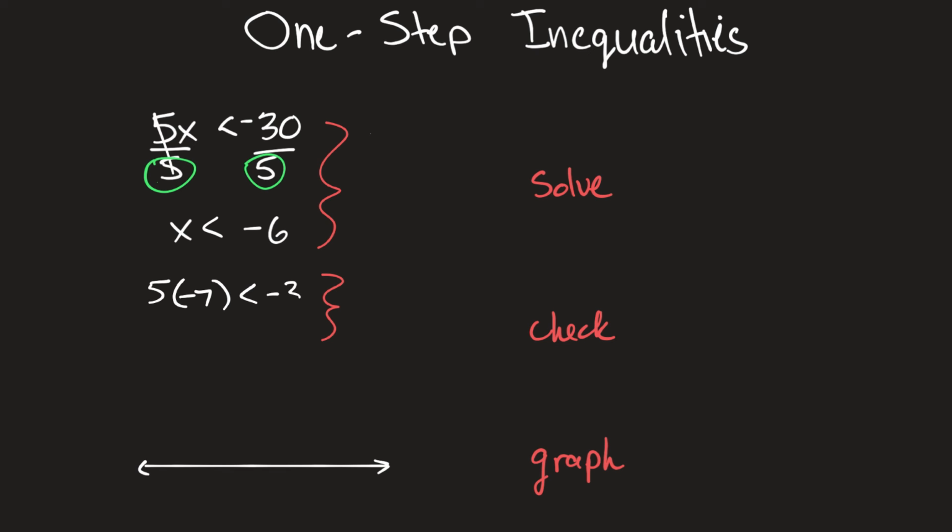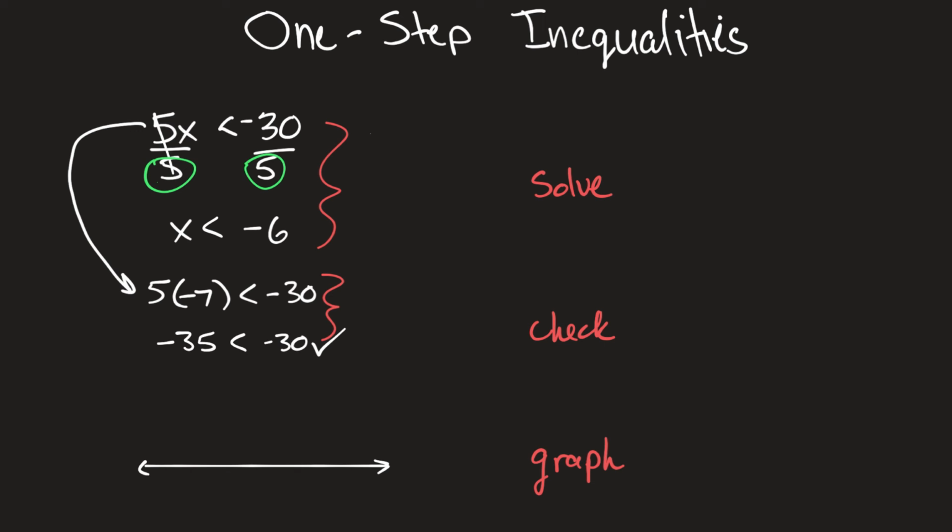That was our original. See, I'm taking our original and plugging in something smaller than -6. So 5 times -7 is -35, and -35 is indeed smaller than -30, so that checks.